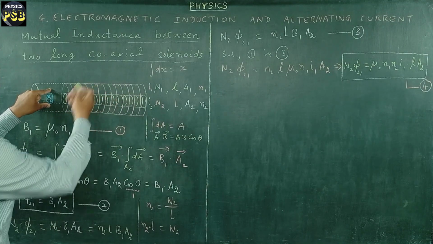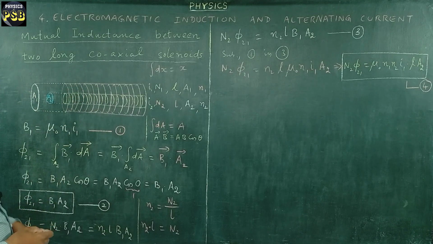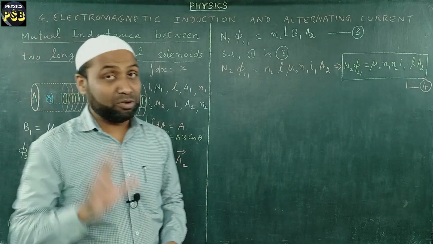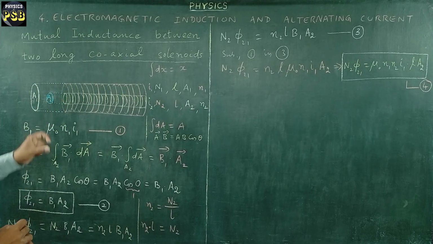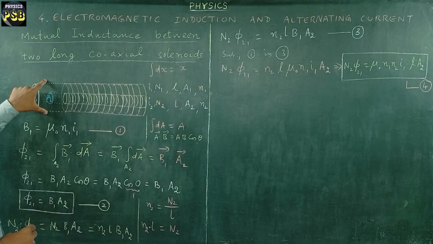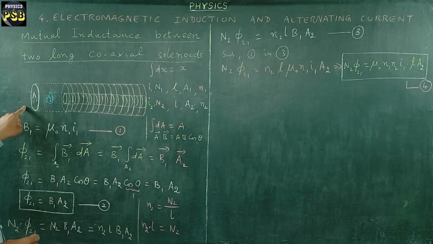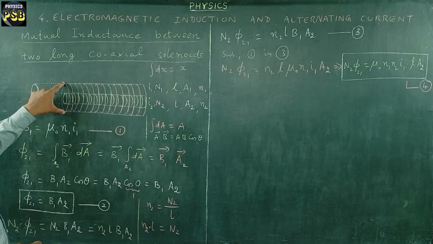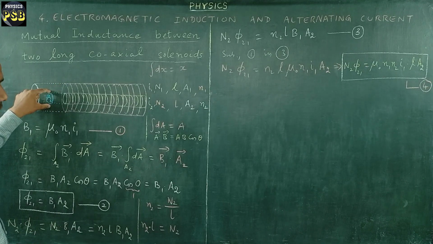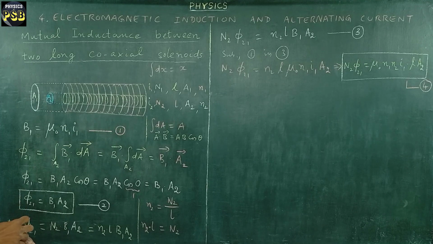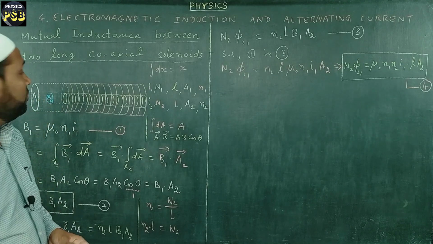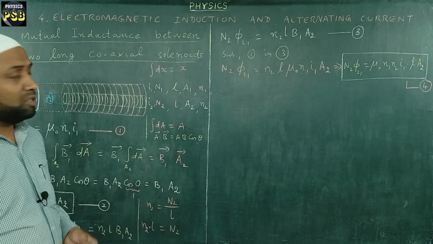The region outside the solenoid will have a magnetic field almost equal to 0. So this area A2 is the effective area in this case. The part of the coil which comes across this area alone is present in the magnetic field produced by the flow of current in the second solenoid. So area A2 is the effective area for solenoid 1.